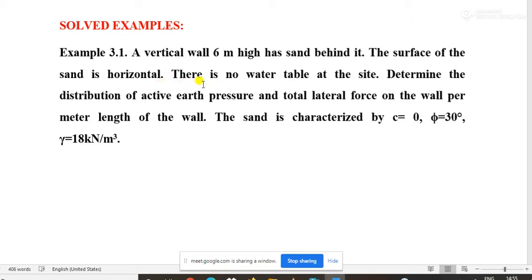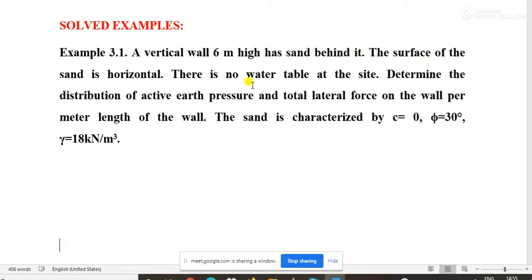Now there is no water table at the site. Obviously there may be conditions for a water table and we'll discuss that later, but the general condition here is no water table, no water content in the backfill soil.